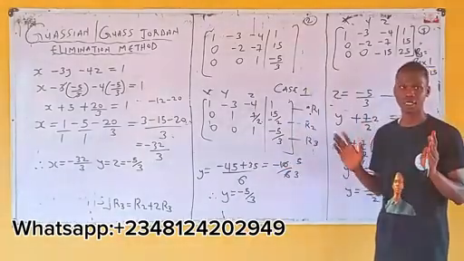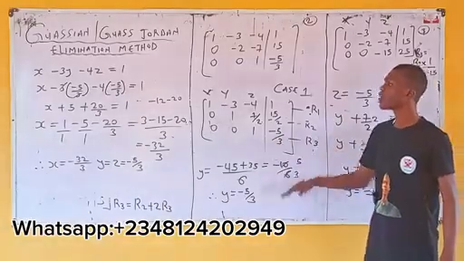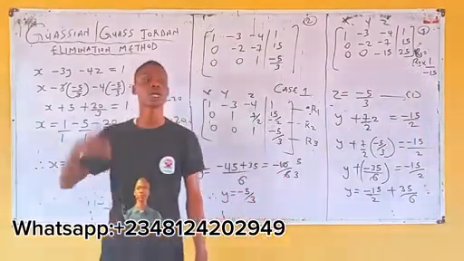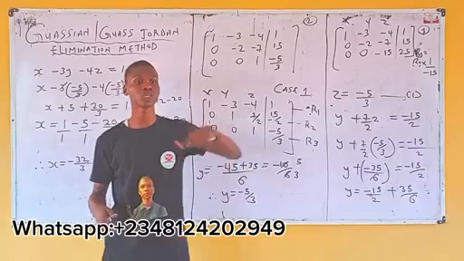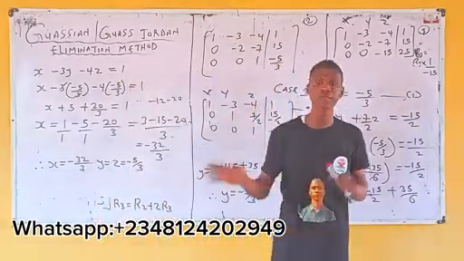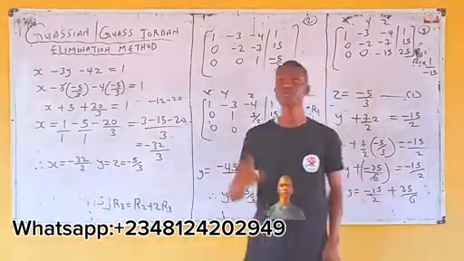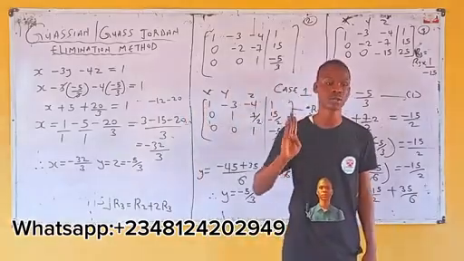It's all about understanding. Alright, from here, we've solved x, y, z using Gaussian Elimination Method, right? We only solved x, y, z using Gaussian Elimination Method. But for Gauss-Jordan Elimination Method, the difference is that at the end, having done our reduction, we'll be seeing the value of x, the value of y, and the value of z.